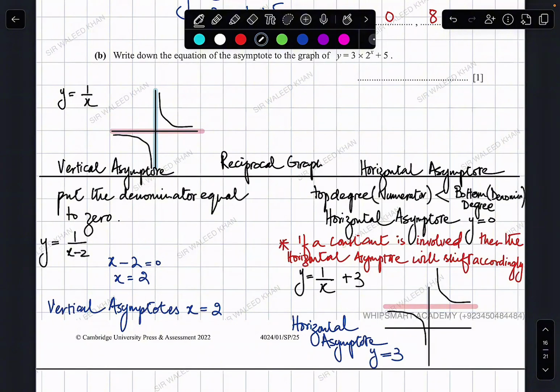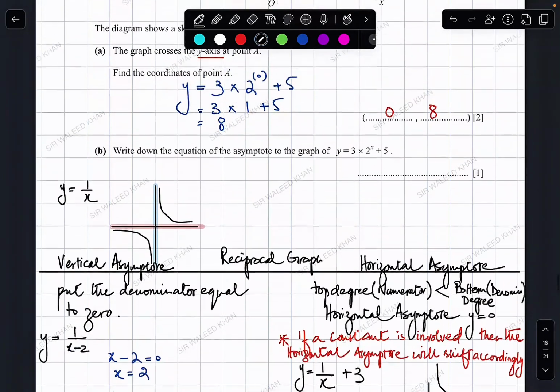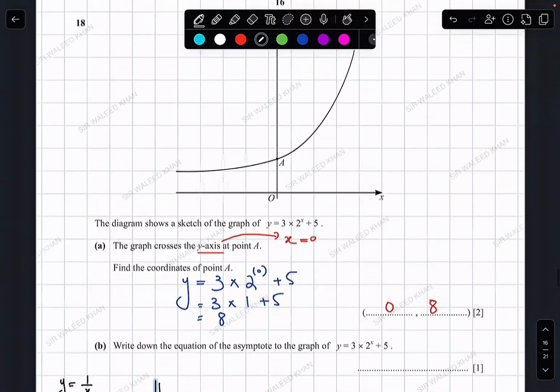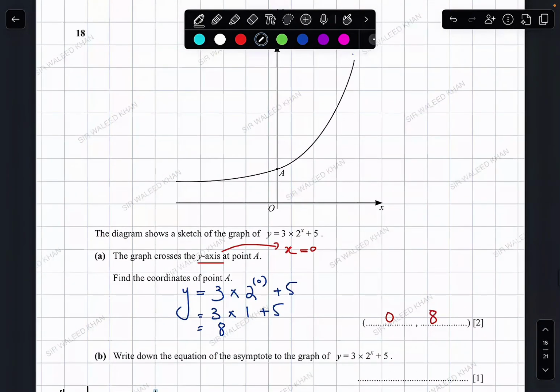We have another case as well, and in this question, we are dealing with an exponential graph. Right? So for the exponential graph over here, we have no vertical asymptote. Vertical asymptote is none.